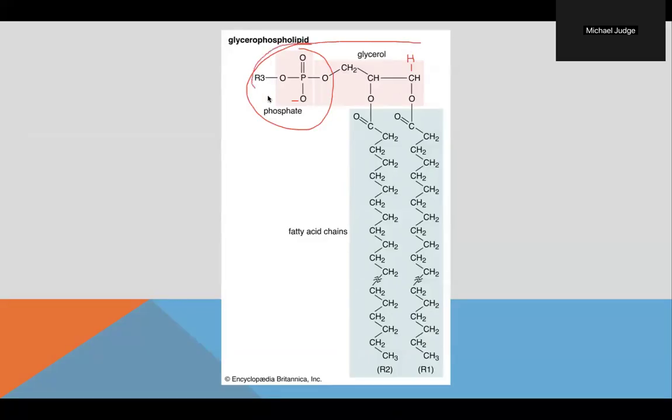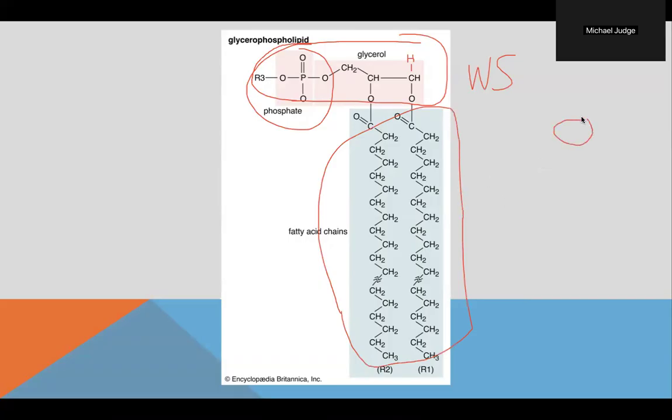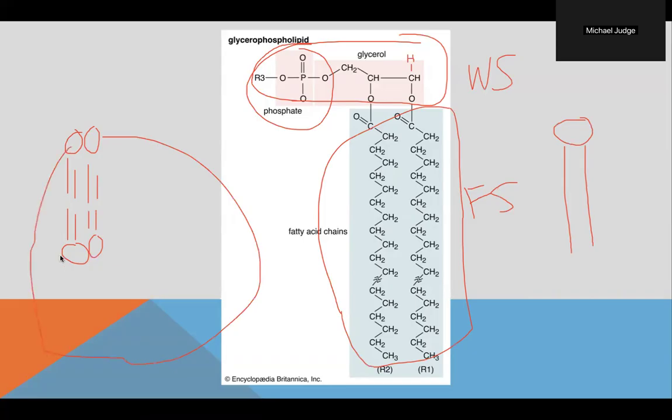And this whole head unit is the water-soluble charged part. These tail sections that hang down, again, we would draw the head unit as a circle, the tails as these 2 long chains. That is fat soluble. And so we've seen how these assemble themselves into a cell membrane by making a bilayer like this that becomes the cell membrane like this.